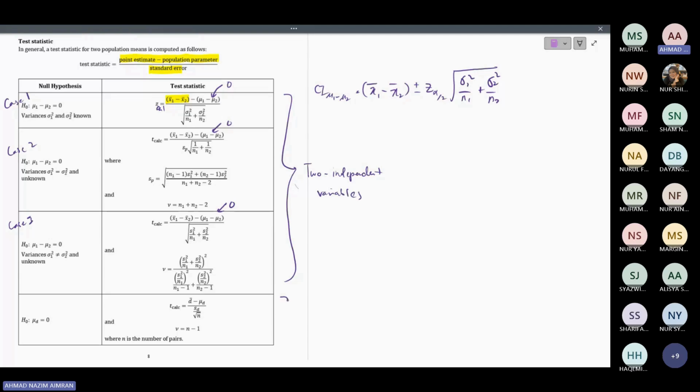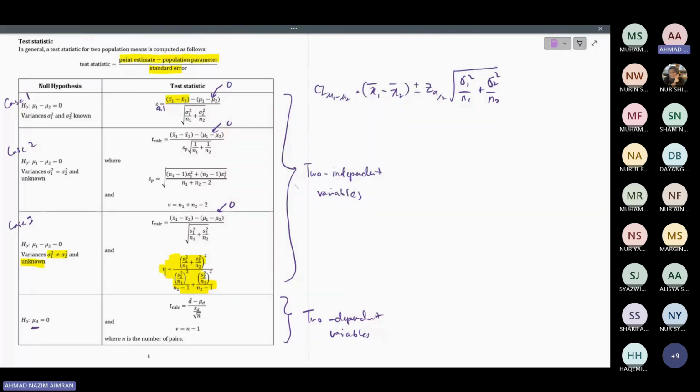And we will use this one for two dependent variables. For the last one, you need to find the D, and the null hypothesis is mu D is equal to 0. This is what I mentioned earlier for case number 3, when the variances of the population are unknown and unequal.